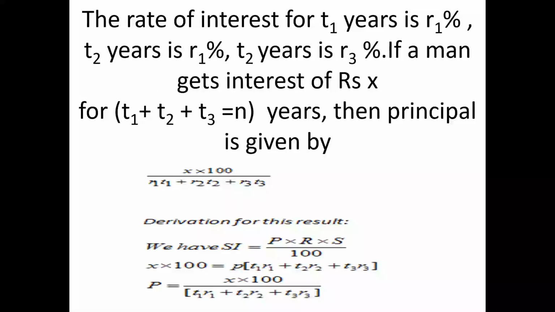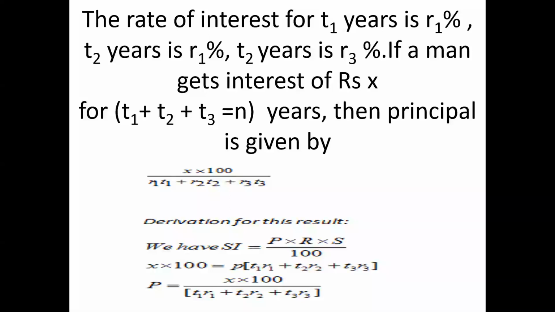Next, the rate of interest for T1 years is R1 percent. Say, for example, you are taking a sum of money for 1 year, then the rate of interest will be, say, 1 percent.